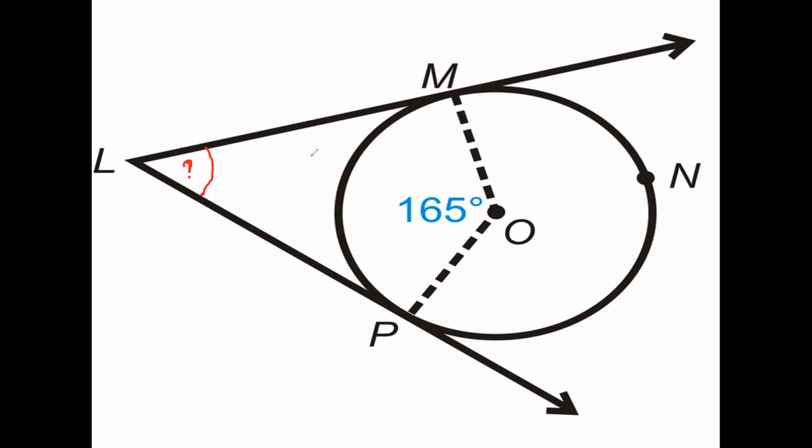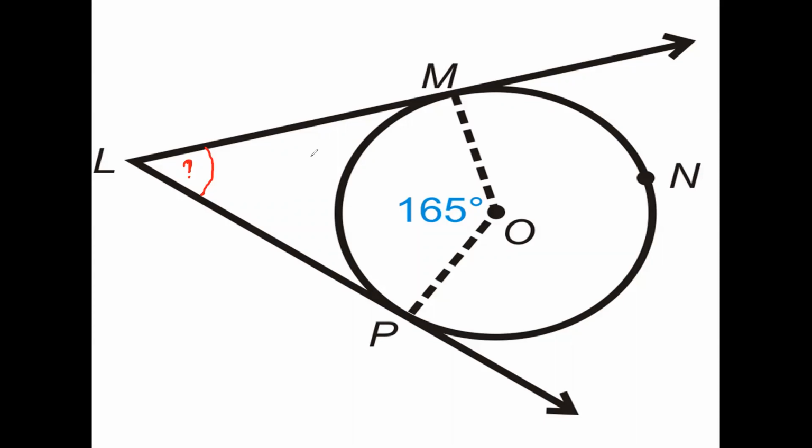Alin po muna yung kailangan nating arc? Kasi parehong arc walang measurement. Kasi ang meron tayo, central angle, which is angle MOP that measures 165 degrees. Yes, Brian, ano po kaya ang pwede natin makuha na arc?